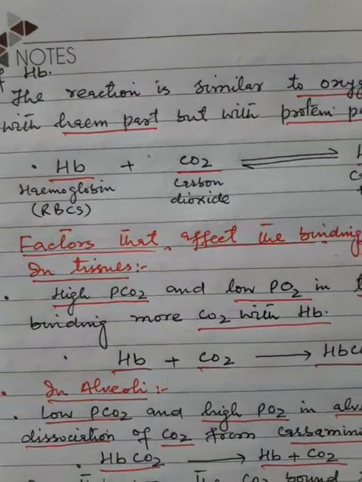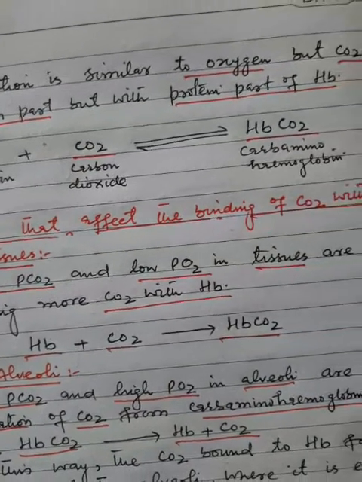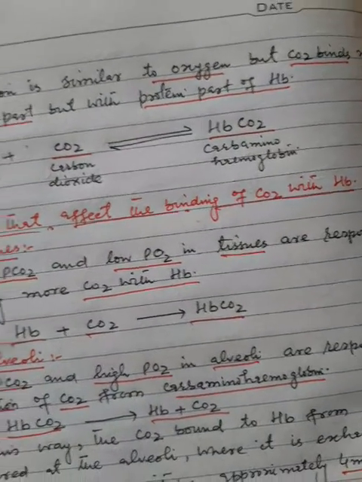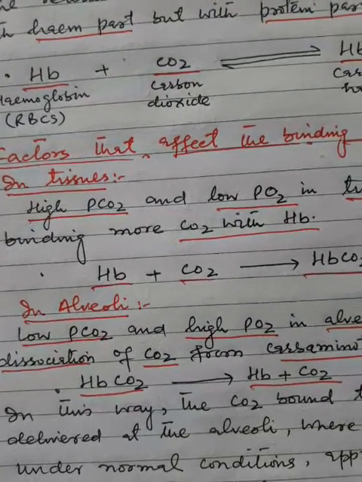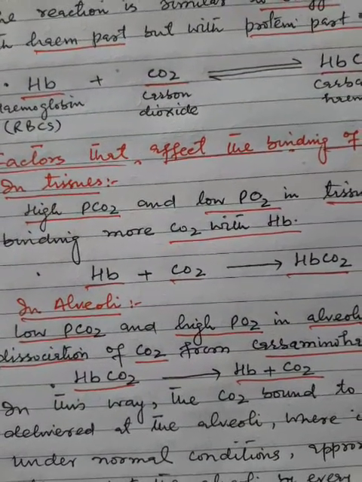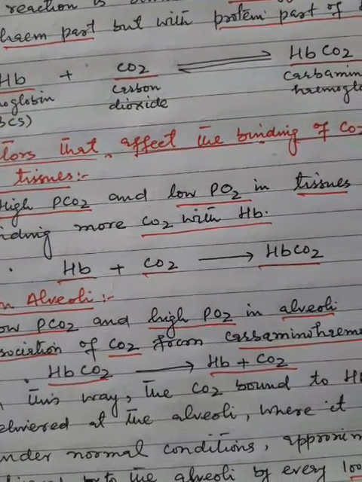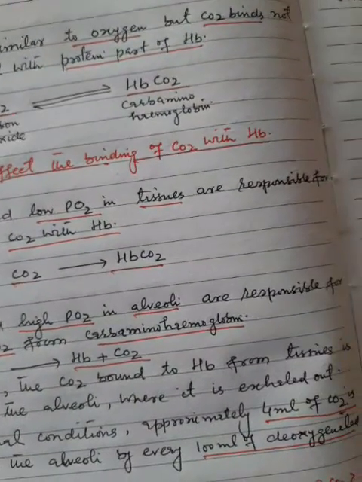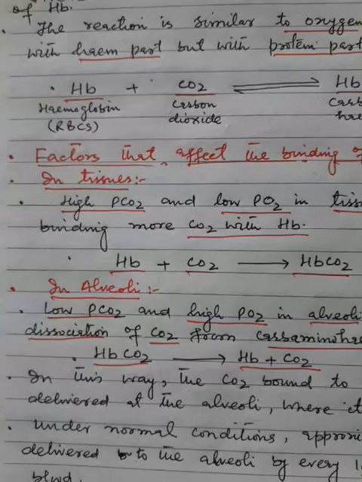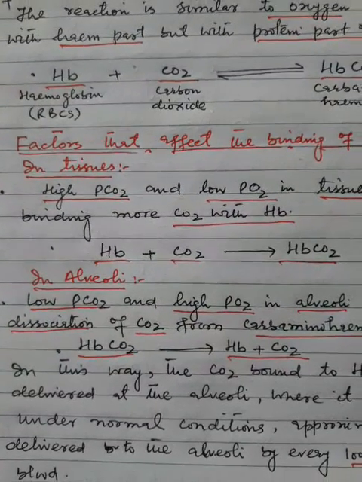Now, the factors that affect the binding of carbon dioxide with Hb. In tissues, high partial pressure for carbon dioxide, that is PCO2, and low partial pressure for oxygen, PO2, are responsible for binding more carbon dioxide with Hb.